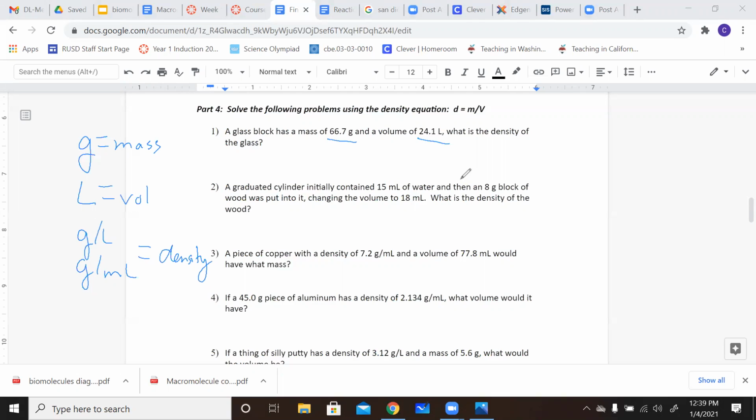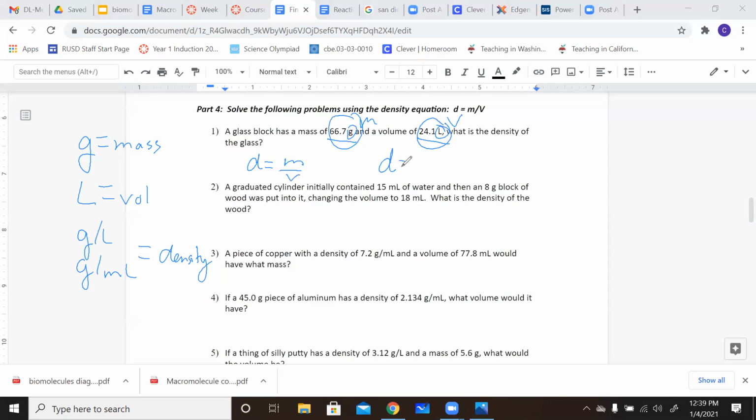Okay, so in problem number 1, I have a glass block that has a mass of 66.7 grams and a volume of 24.1 liters. What's the density of that glass? So we use D equals M over V, and we substitute numbers, our M and our V. How do I know that this is M? Because it says mass and it has grams as a unit. How do I know that that's my volume? Because it says volume and has a nice liters unit.